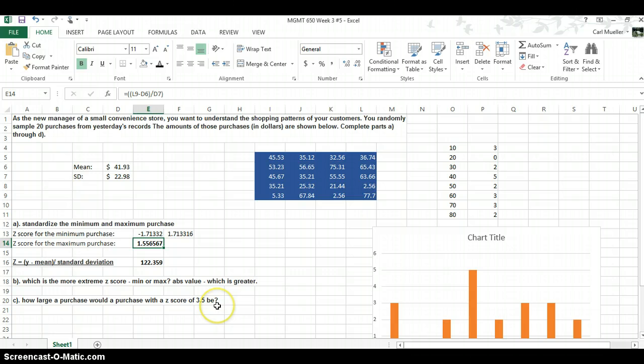So think about how much higher 3.5 must be. If the minimum goes negative, it gives you a good sense of how large this number could be. So $122.36 is how large a purchase would have to be to have a z-score of 3.5.